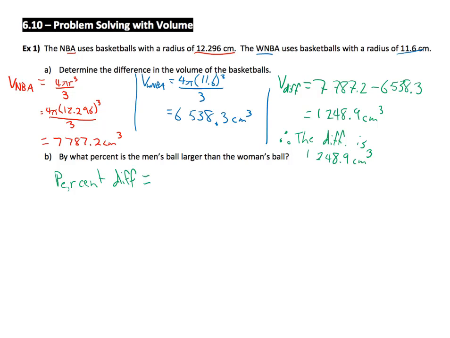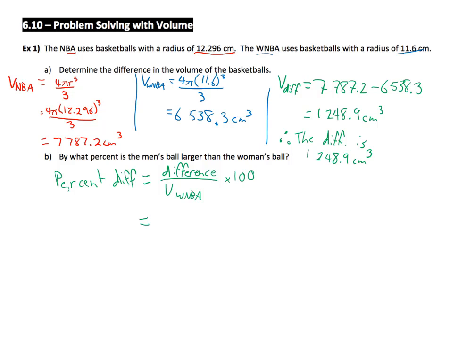To calculate your difference in percent, you just put your difference over the volume of the WNBA, and then multiply it by 100. So your difference over the smaller of the two totals, and in this case, the WNBA has a smaller ball, so it would be in the denominator, or the bottom of this fraction.